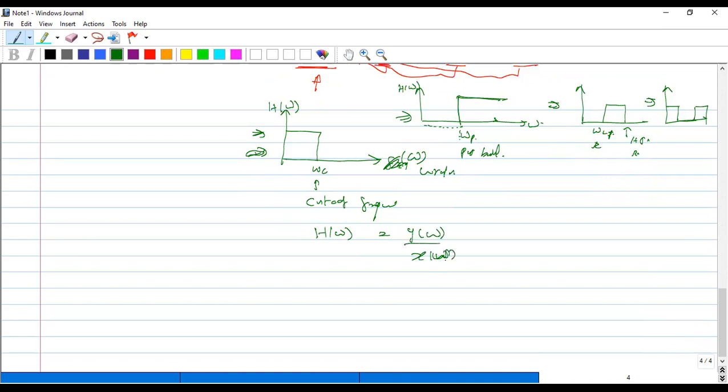Can anyone tell what this is? There is a system, there is the input, and there is the output. If you divide the output Y omega by the input, what do we call this?